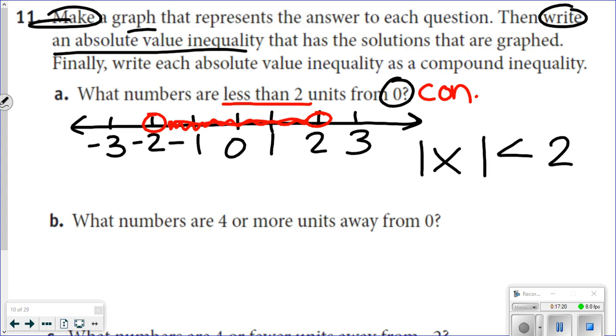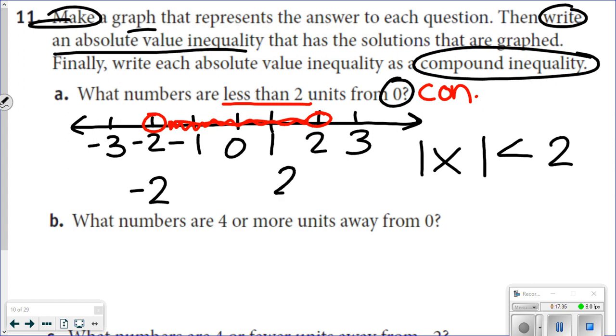Now it says, finally, write each absolute value inequality as a compound inequality. So we're going to write this as a conjunction. So on the left, our minimum is negative 2. Over here on the right, we have a positive 2. Put our x in the middle.